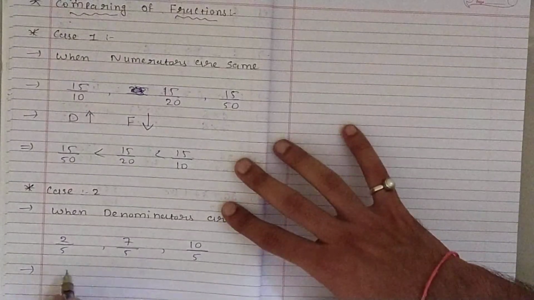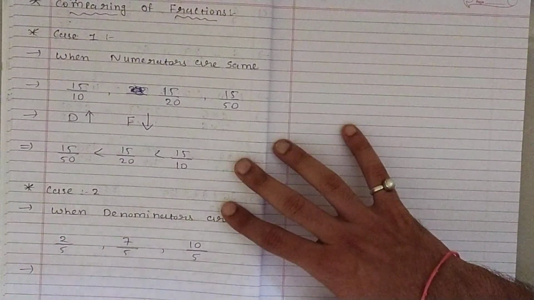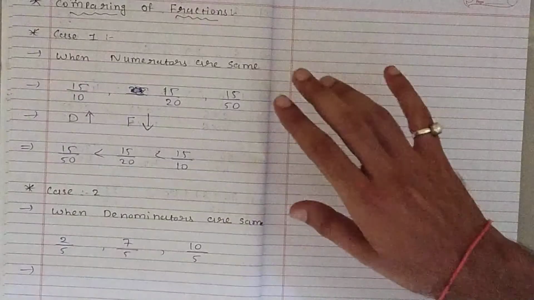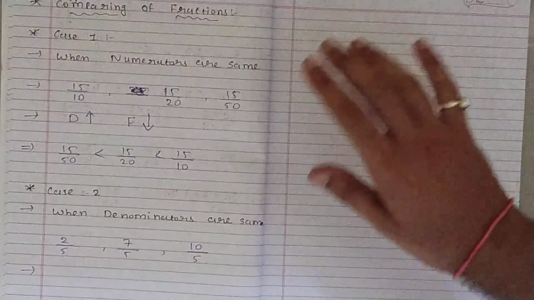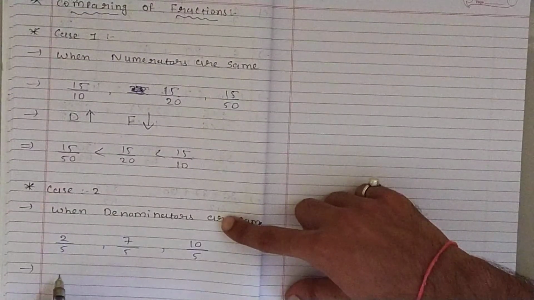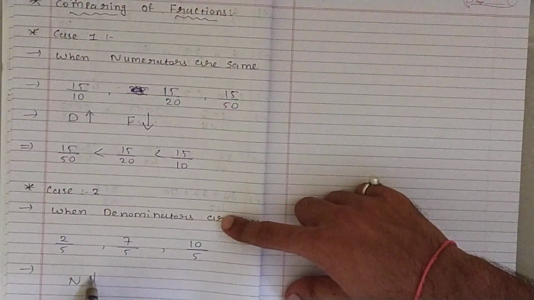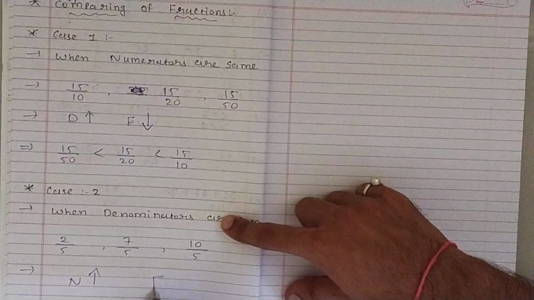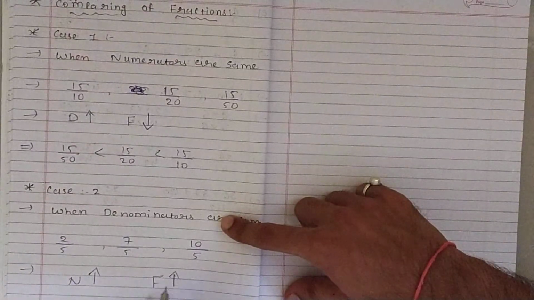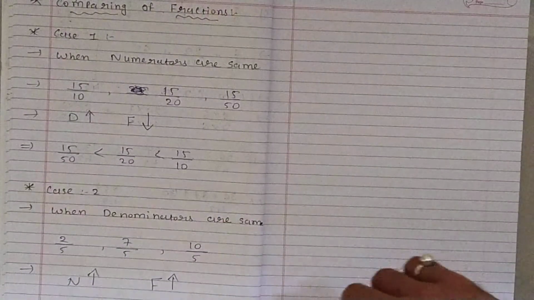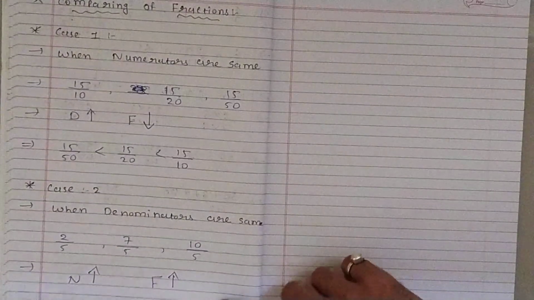So for this, अगर इन तीनों में हमको डिसाइड करना है कि कौन सा फ्रैक्शन बड़ा है और कौन सा छोटा, सो फॉर दैट वी हैव टू ऑब्जर्व न्यूमरेटर, राइट? अगर न्यूमरेटर जिस भी फ्रैक्शन का बड़ा होगा वो पर्टिकुलर फ्रैक्शन की वैल्यू भी बड़ी होगी, ठीक है, क्योंकि डिनोमिनेटर सारे सेम है.